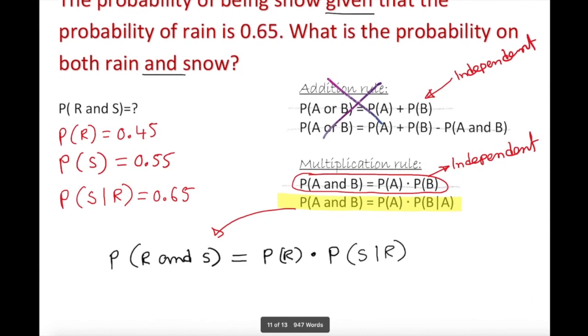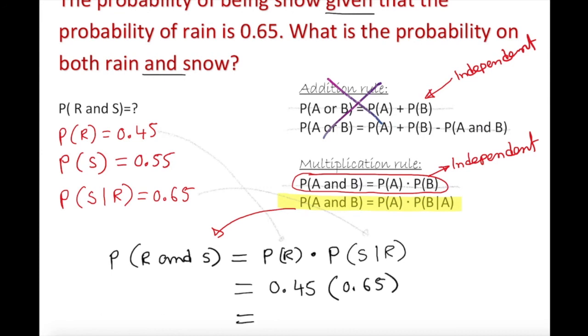Now we have all of them, and all we do is substitute. The probability of rain is 0.45, times the probability of snow given rain, which is 0.65.